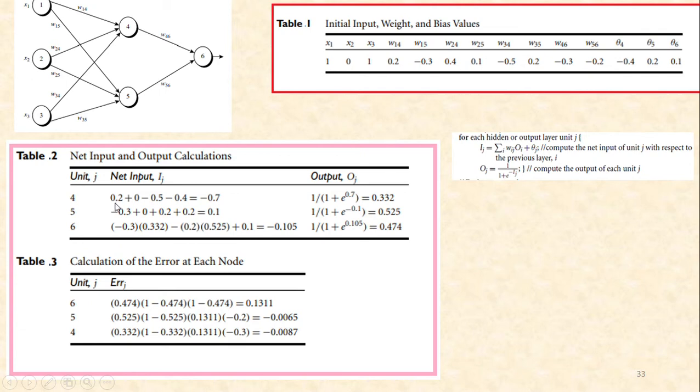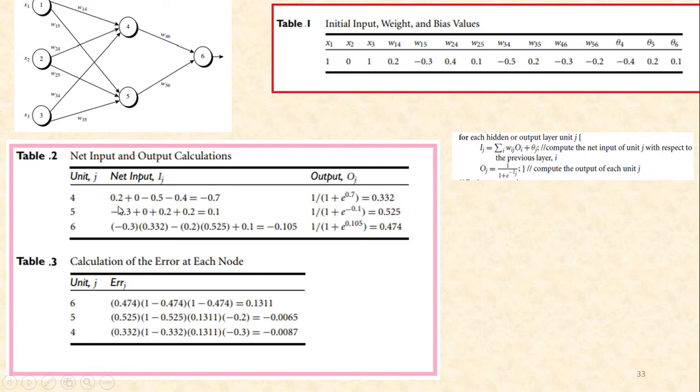So 1 into 0.2 plus the input value of x2, which is 0, so 0 into W24 (0.4) is 0, plus 1 into W34, which is minus 0.5.